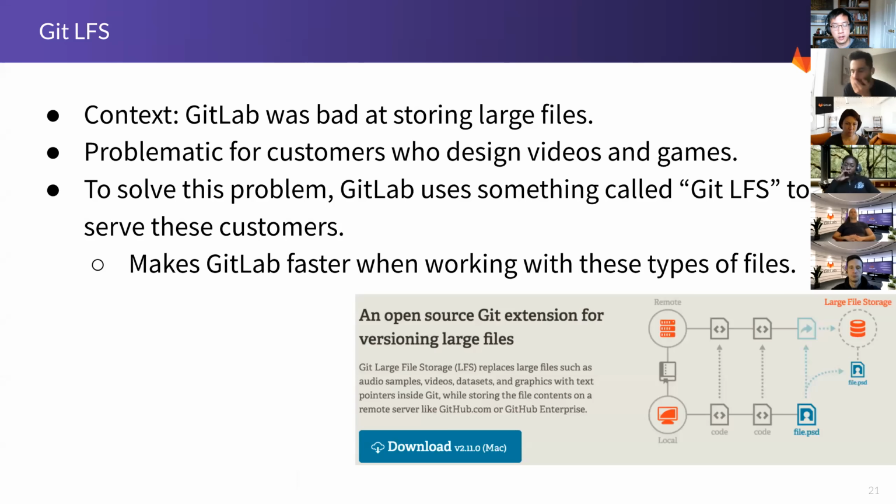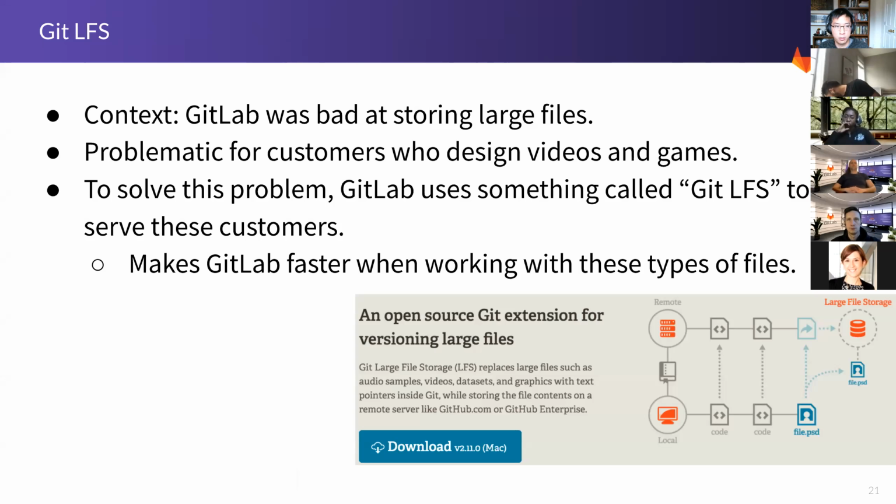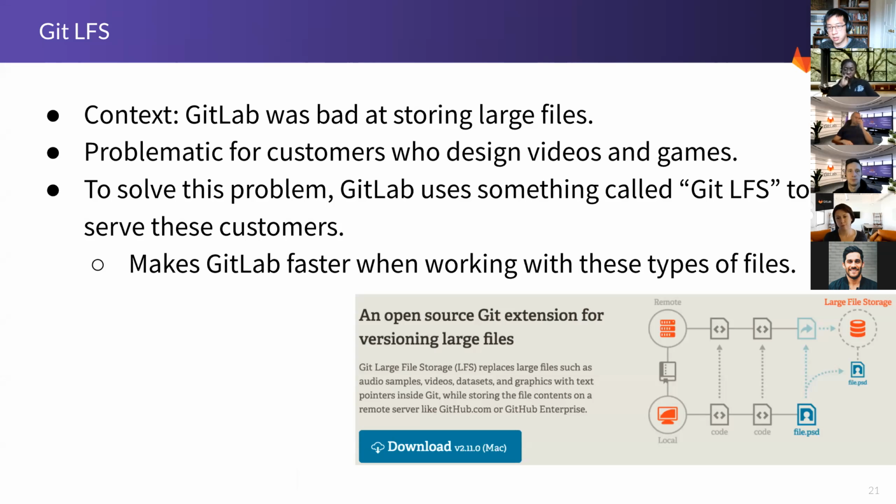All right, so moving on. Git LFS is something that we hear about from time to time, and I just want to talk about the story of Git LFS. Around 10 years ago, there were a lot of different version control systems, like Subversion and Mercurial, that were more widely used. We didn't really know who the winner was going to be. Then the market started consolidating on Git. Git was made by a really famous person, and people decided that this was the solution they wanted to go with. The problem, however, was that Git is really good for certain types of files, but for large files, Git is actually bad.